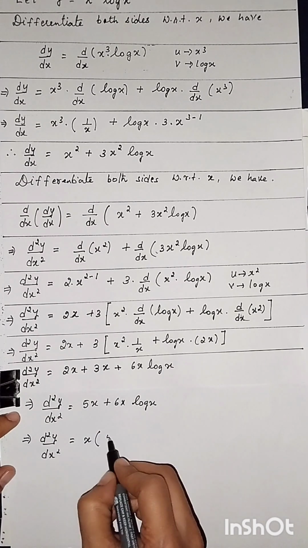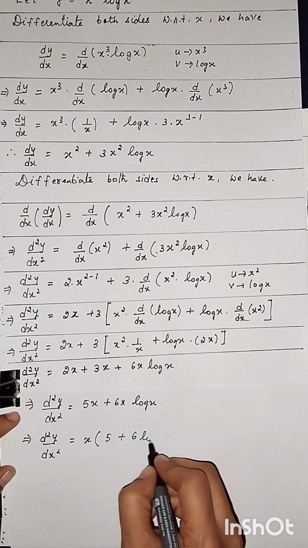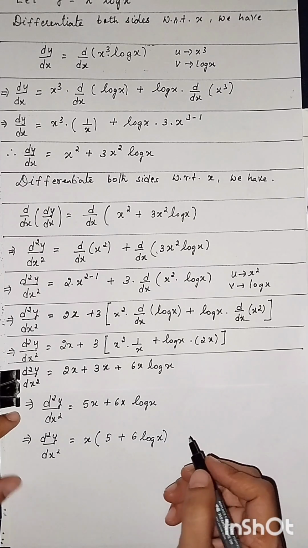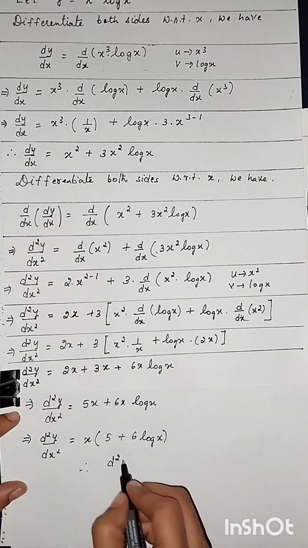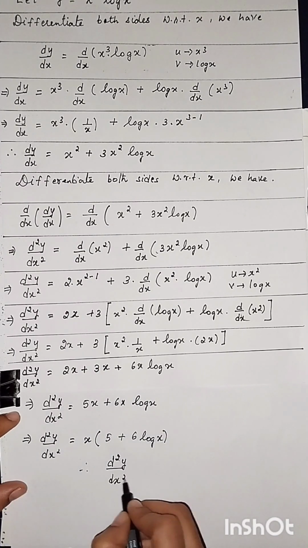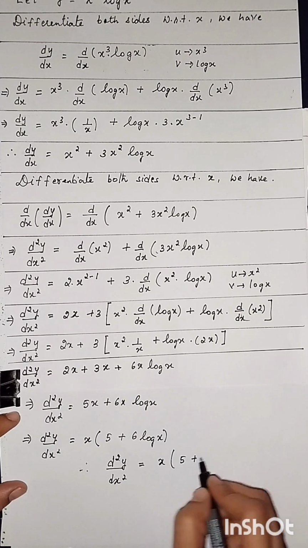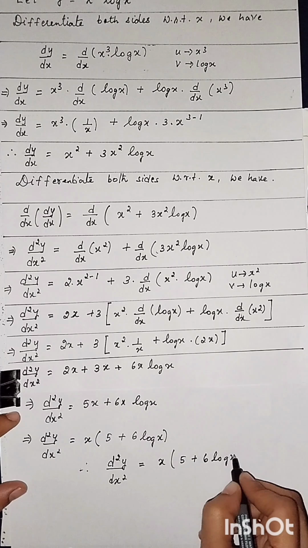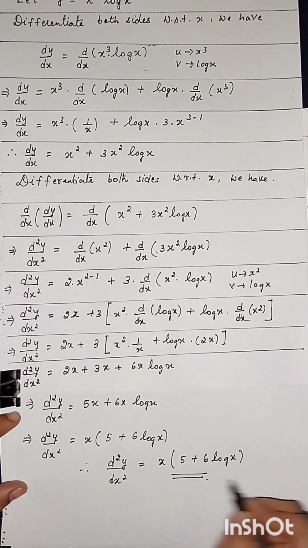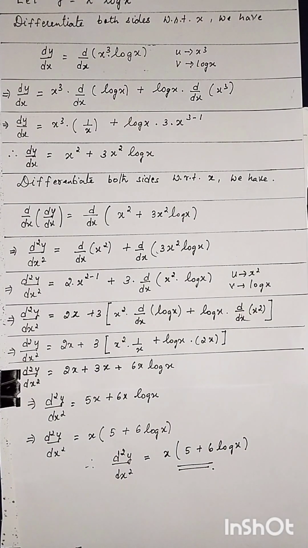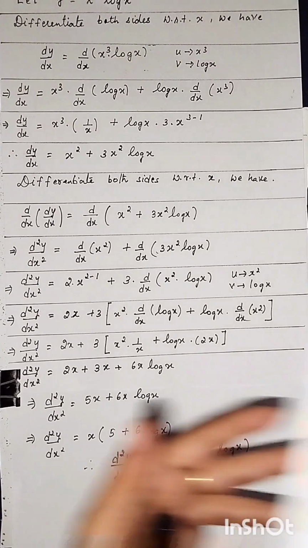So you will get 5 plus 6 log x. So therefore d square y by dx square, which is a second order derivative, is x times 5 plus 6 log x. So we completed the question number 5.